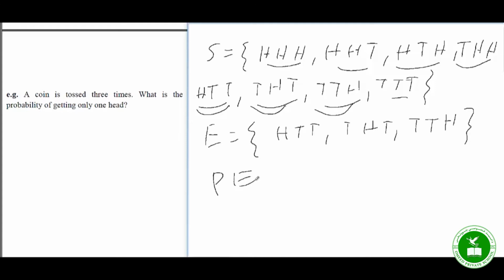The probability for this event is the number of the event over the number of the sample space. How many elements are there in the set event? There are 3, over sample space 8. So the probability for this event is 3 over 8.